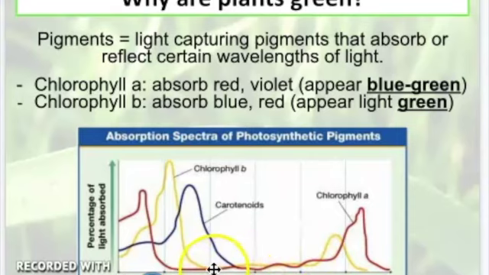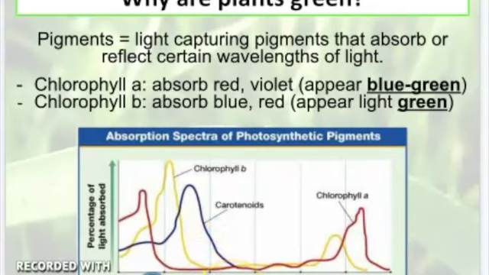So here what's being reflected is mostly green. That's the lowest absorption for both chlorophyll A and chlorophyll B. We have a little bit of yellow being absorbed by both. So what's really going to be reflected back to us is this green color.